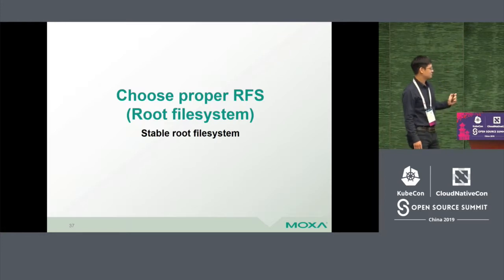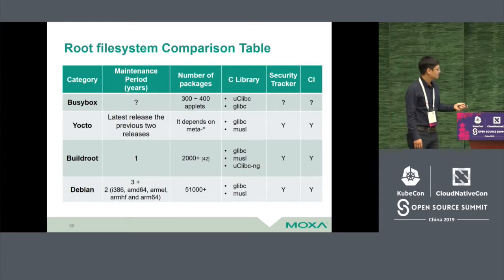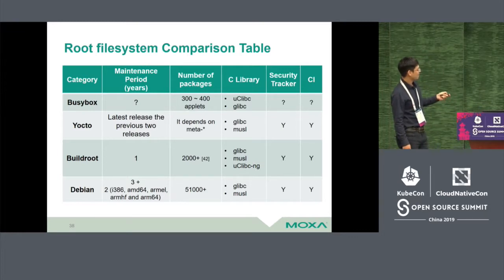The next one is to choose the proper root file system. There are many open source projects that provide a root file system, for example BusyBox, Yocto, Buildroot, and Debian. You may mention that Yocto is not a root file system. Yocto is just a tool. Yes, exactly.